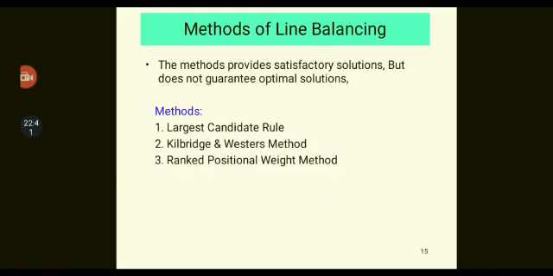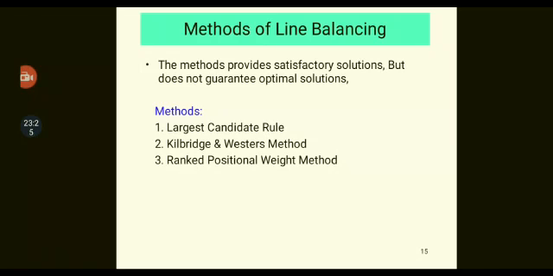Coming to the next topic in line balancing, methods of line balancing. The methods provide satisfactory solutions but do not guarantee optimal solutions. In line balancing we have three types. First one is the largest candidate rule. Second one is Kilbridge and Wester's method.